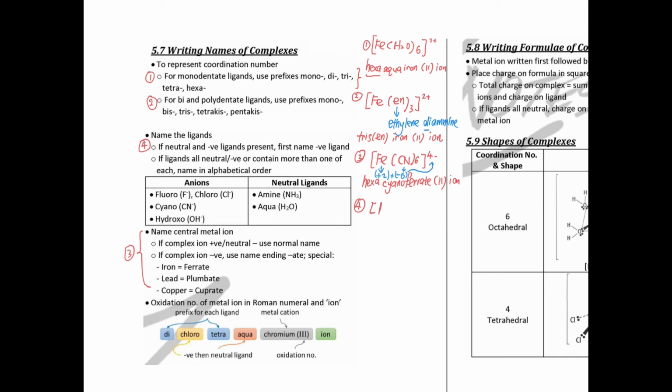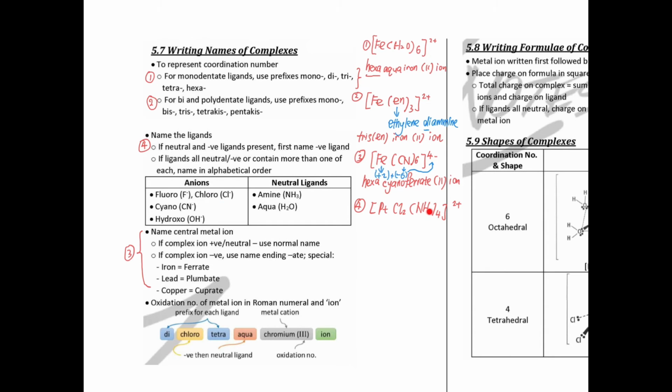Let's say I have [PtCl2(NH3)4]2+. Okay, let's say this is my complex ion. So you know the chloride here is Cl negative. As you can see in the table, it is negatively charged, chloro.